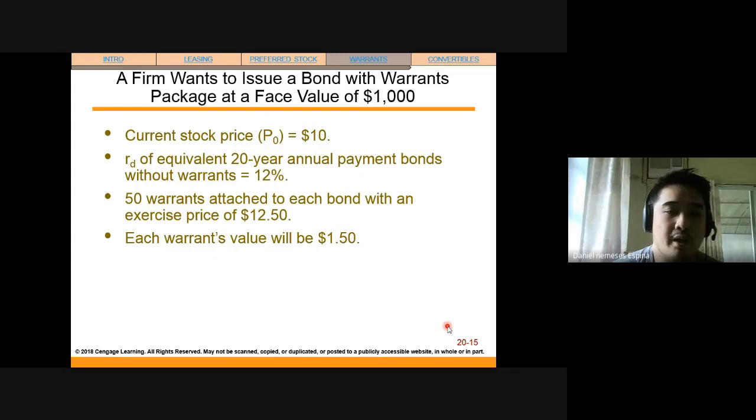So for each bond, 50 warrants are attached. So each bond purchased, which is worth 1,000, comes with 50 warrants or rights to buy shares in the future, with an exercise price of $12.50. Each warrant, or the right to buy, is worth 1.50.